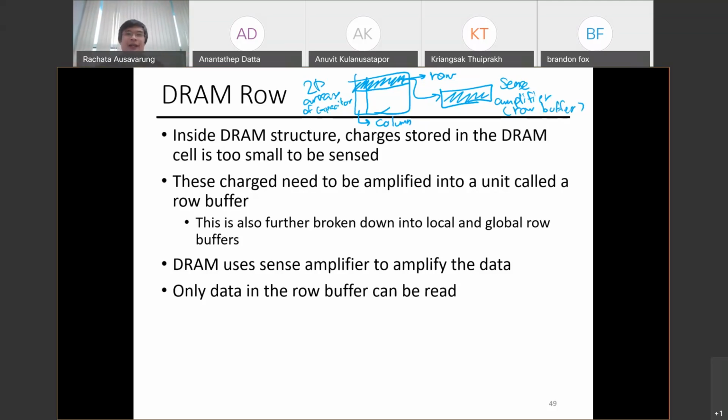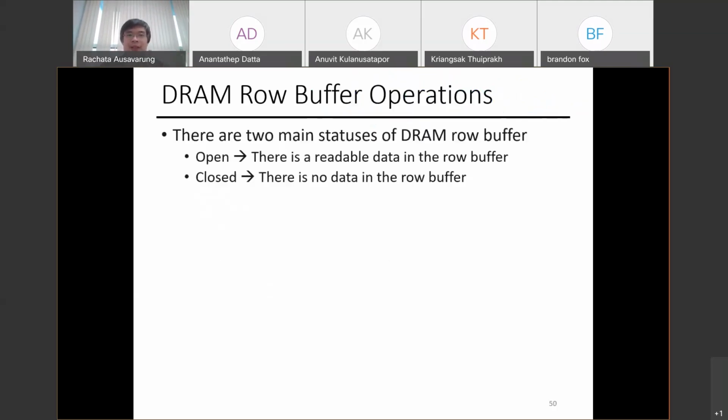There are multiple operations on the row buffer. It can be open or closed. An open row buffer means that there's some readable data from the DRAM row inside the row buffer. A closed row buffer means there's no data in there. Don't even try to read it, there's nothing in there.